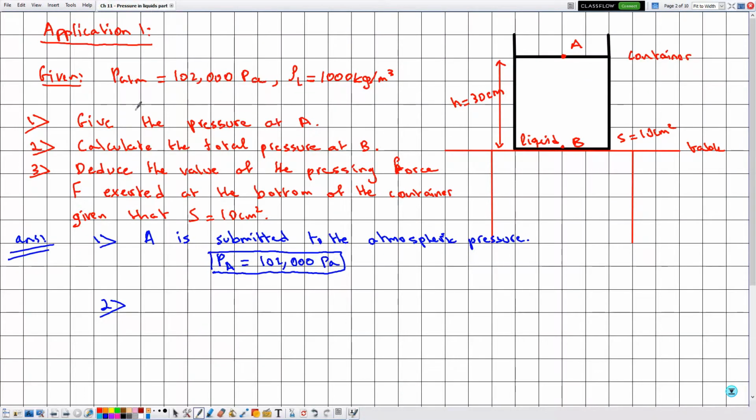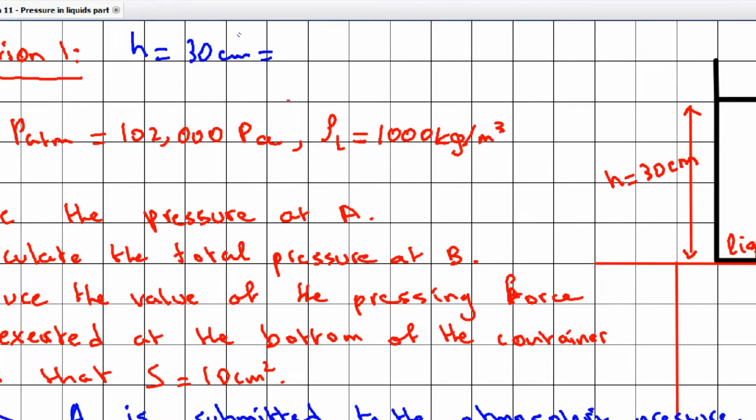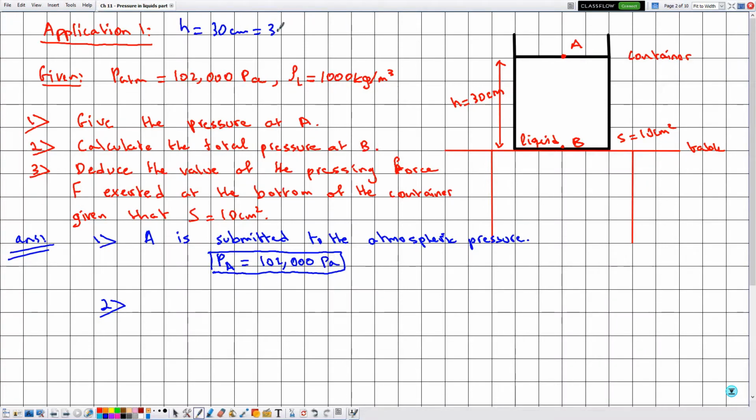So here we have that H is equal to 30 centimeters. Knowing that centimeters is not the SI unit of length, in order to convert from centimeters to meters, we divide by 100. Then 30 divided by 100. So this height or depth is given by 0.3 meters.